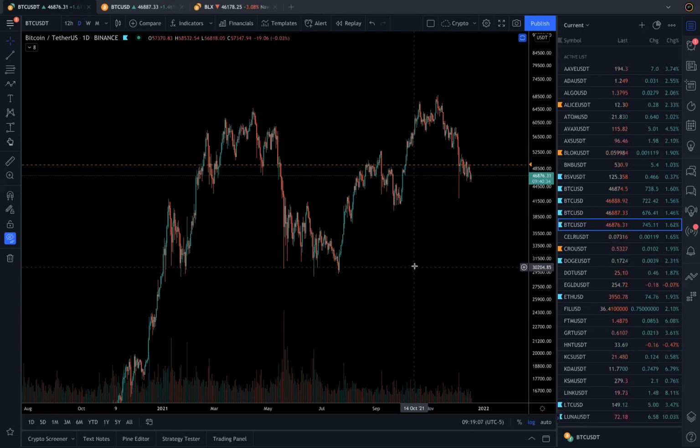NEM coin was very famous, one of the top 20 coins. It didn't even touch its all-time high. So that's another fact: any coin that is booming right now will not necessarily come back to the same level next time.